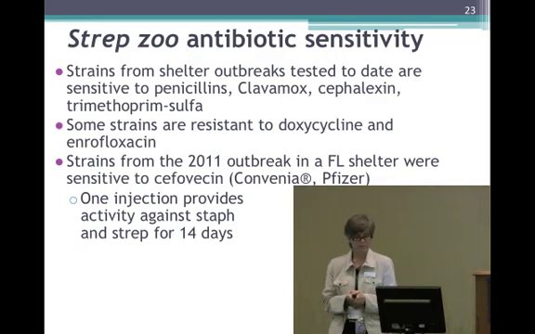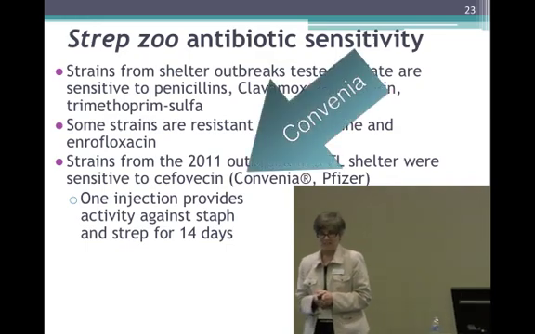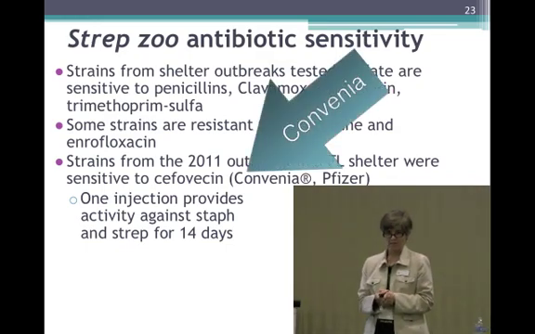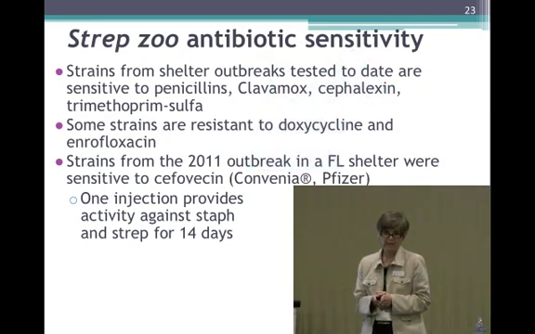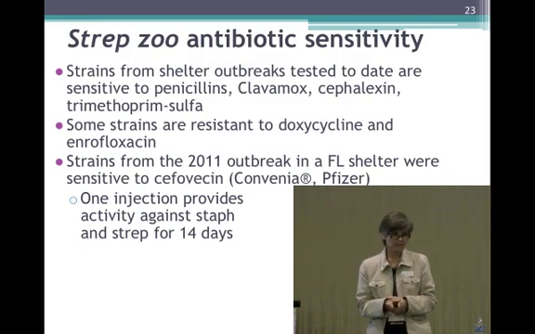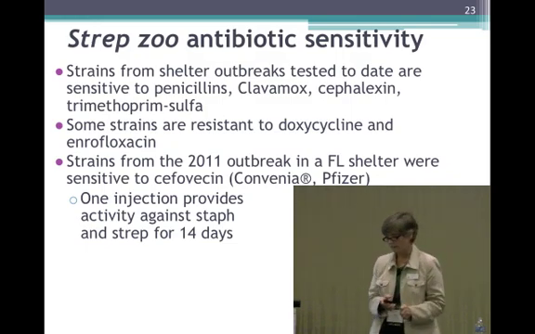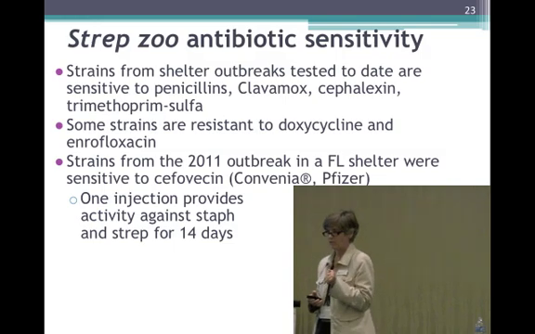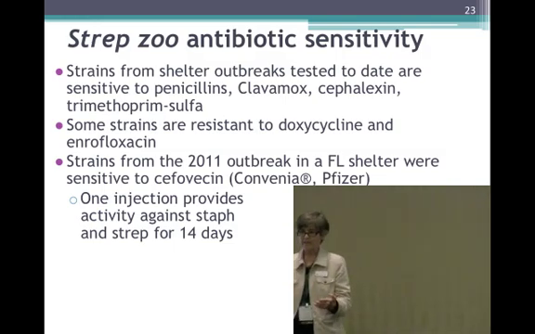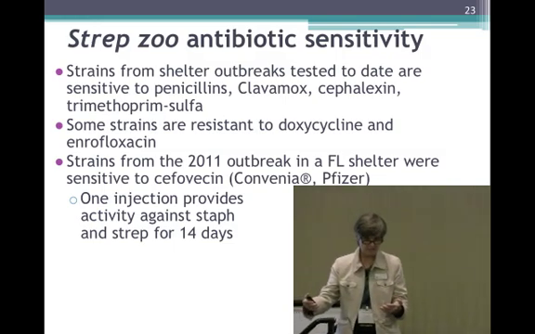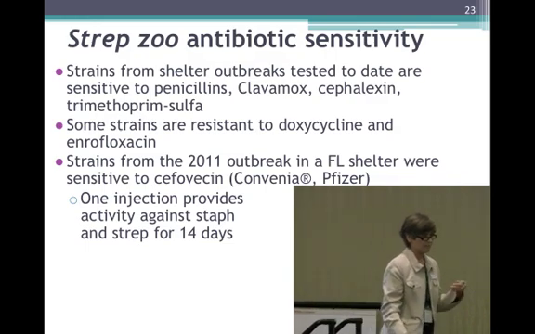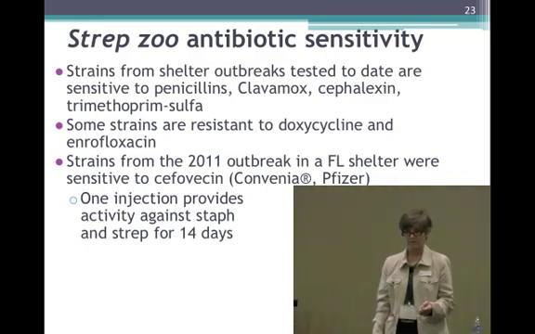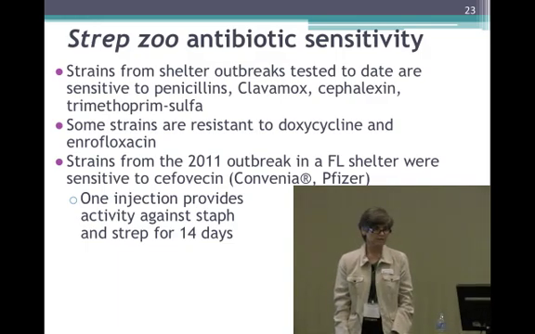Many veterinarians in this room know this as Convenia. It's a Pfizer Animal Health product. It's wonderful. And we love it because you only have to give a dog an injection once, and it provides activity against staph and strep bacteria for 2 weeks. So you don't have to give them pills once or twice a day for 2 weeks. One shot does it all.